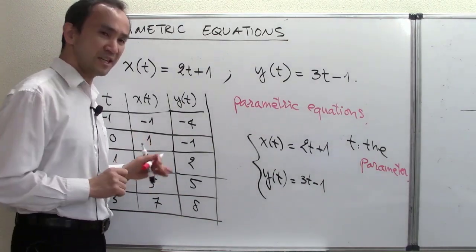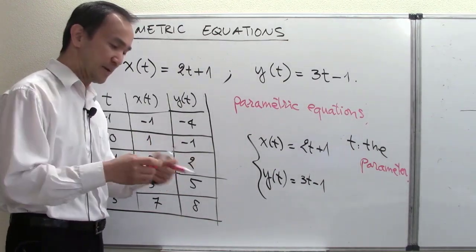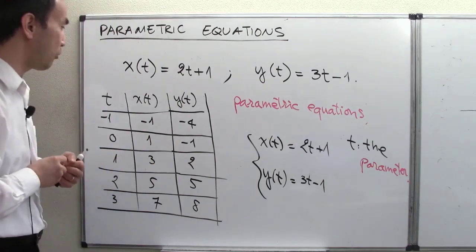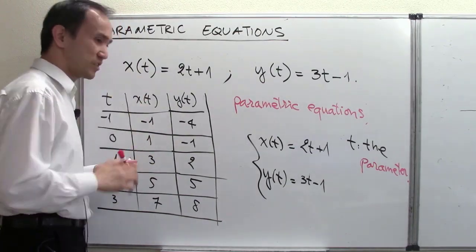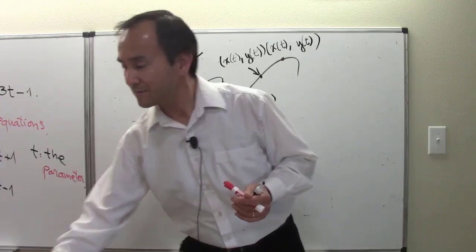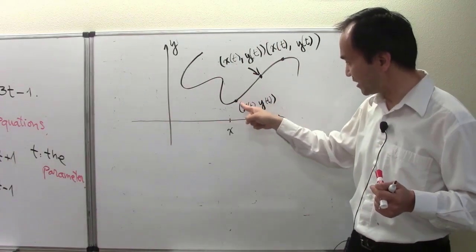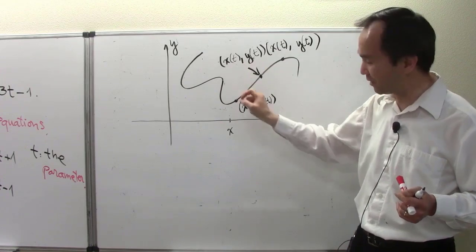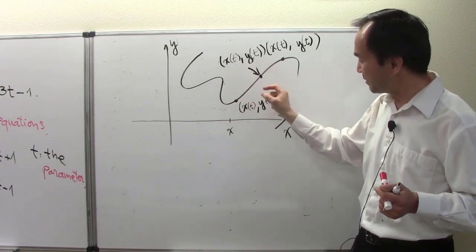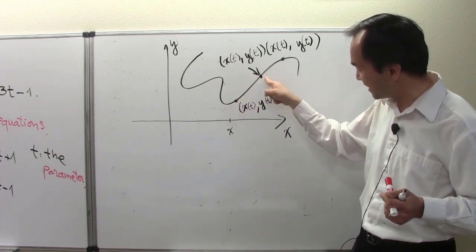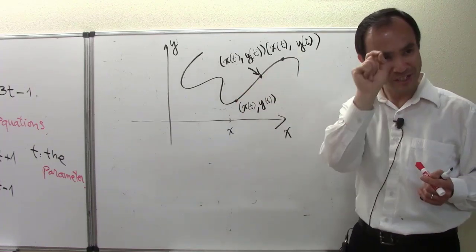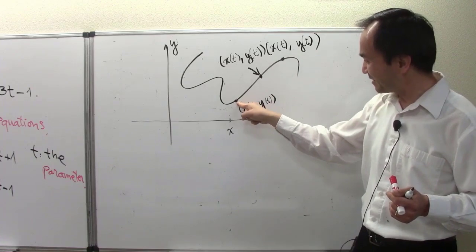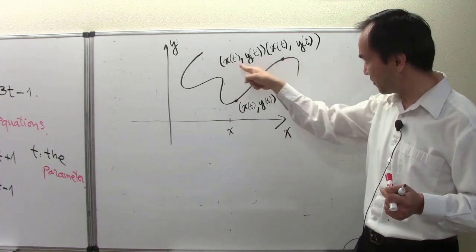So let's do a quick demonstration example and put these on the graph, to make it consistent with what I was saying: different t values put us at different points on the graph, a point at that specific coordinate.